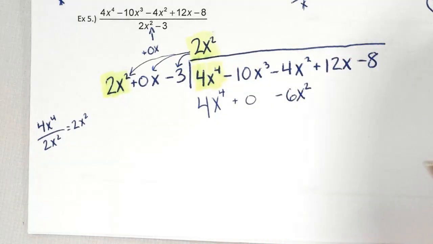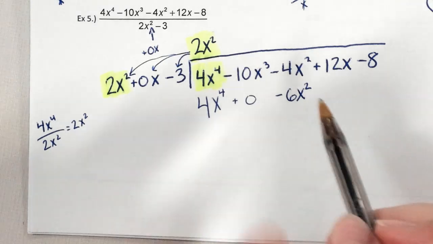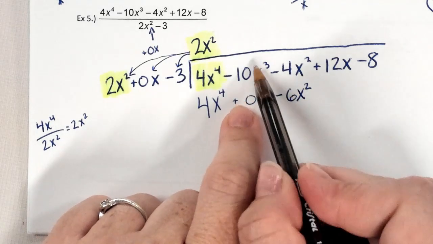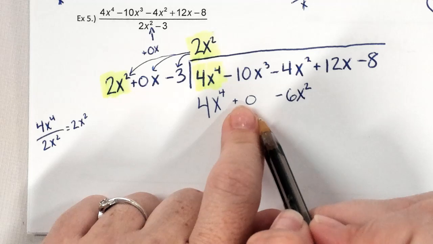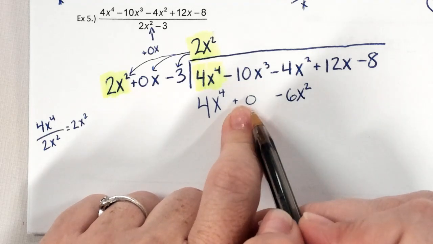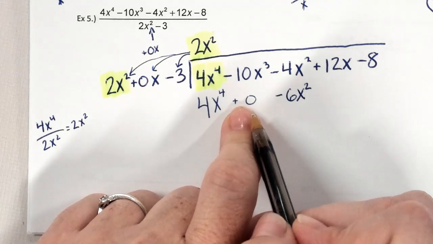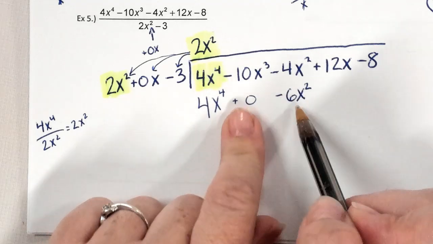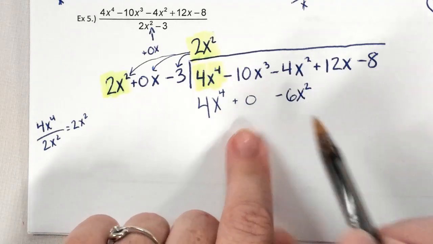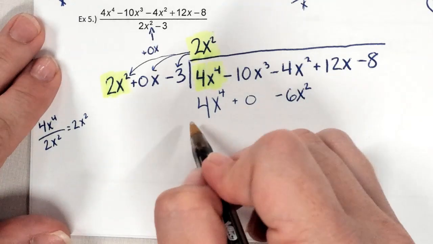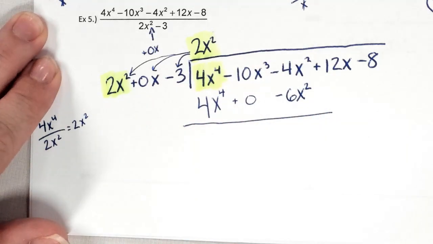So the reason we had that 0 there is because if not, I would have had minus 6x squared lined up with my x cubed. And can we combine those? That's why we have that placeholder. Because now it kept my like terms aligned. Yes? Okay. What do we do next? Subtract.